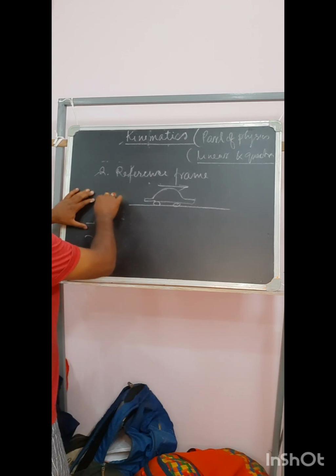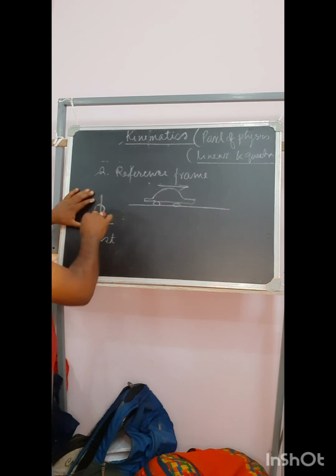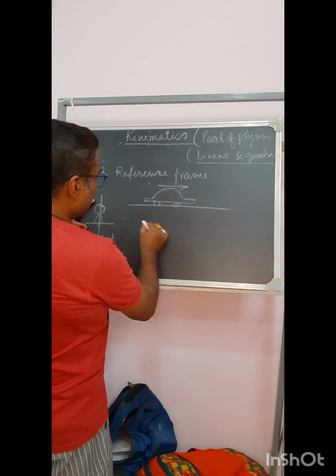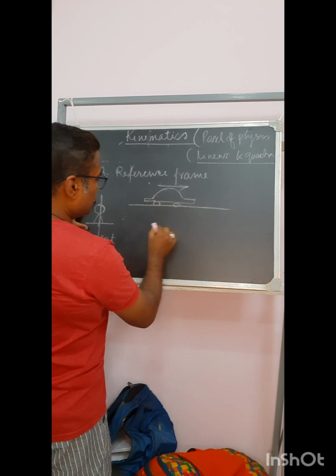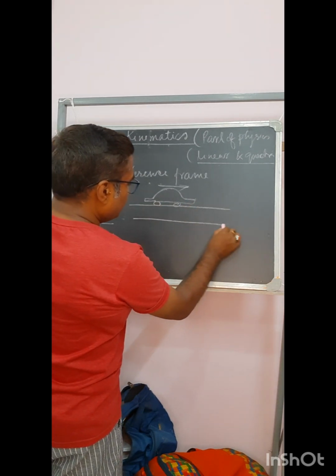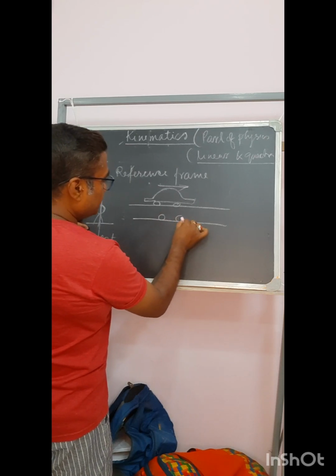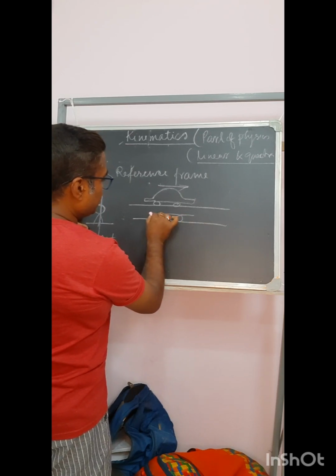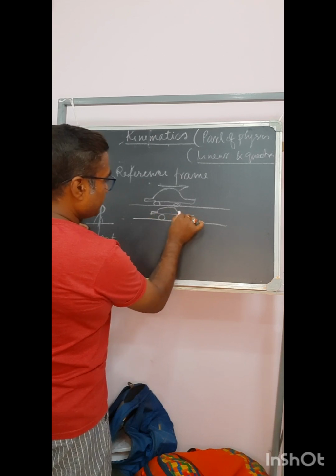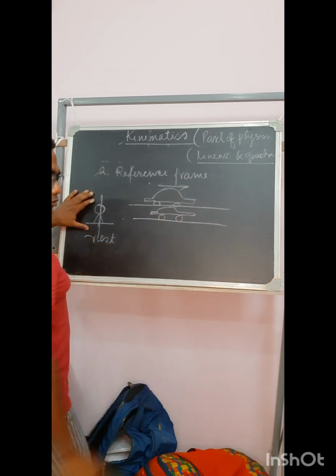If he is the reference frame, what he can see, whether a car is moving faster, will be more comparative if I take another car on the same track moving parallel to it.